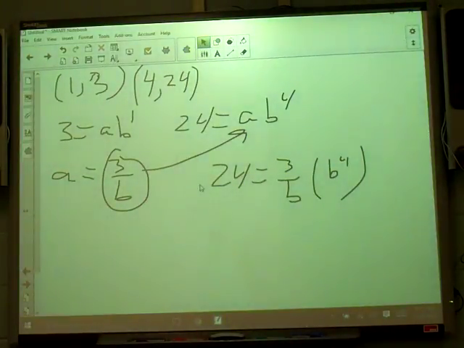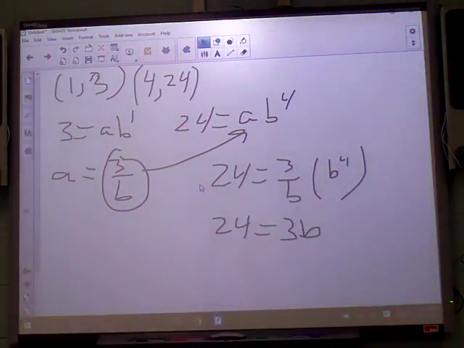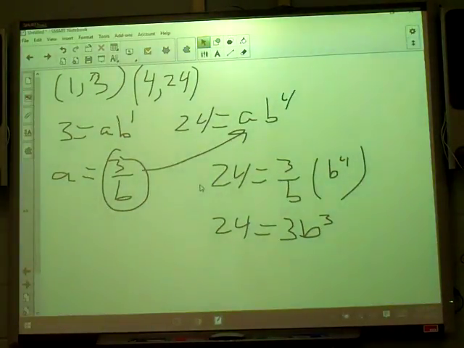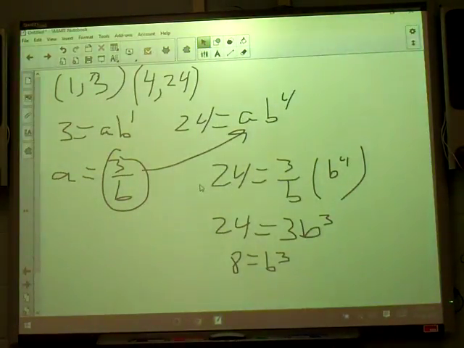B to the third. So we got 24 equals 3B cubed. Okay, divide by 3. Right? You get 8 equals B cubed. So B cubed was different now. You don't square root to undo a cube. What do you do? Cube root. So the cube root of 8. What times itself 3 times equals 8? 2. Very good. Your B is 2.